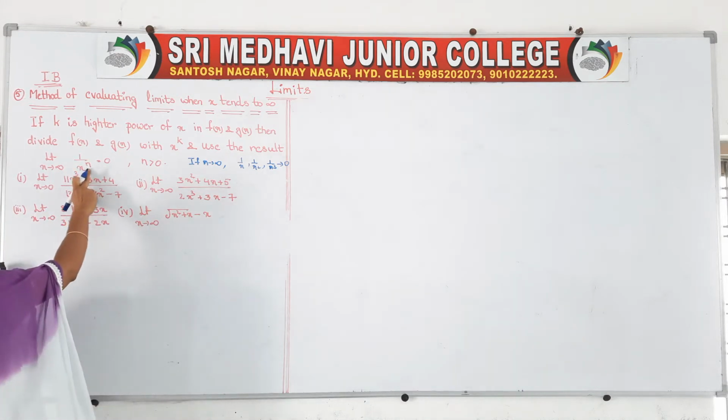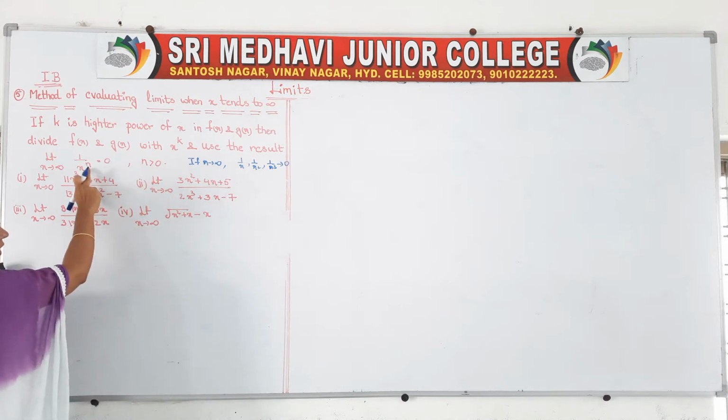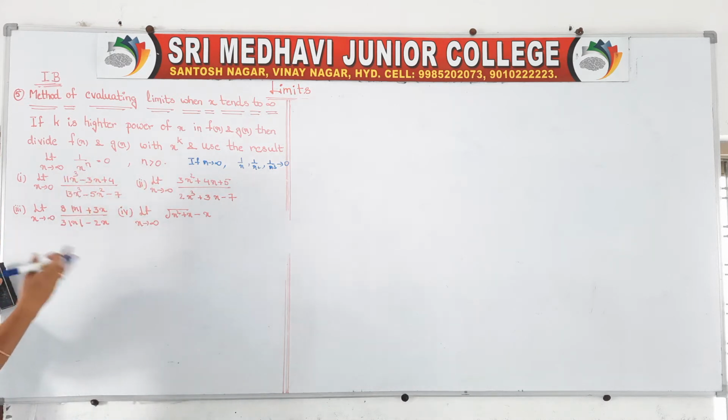That is the meaning here. n is greater than 0, which means in the n place you can take 1, 2, 3, 4, whatever it be, right. All those values will tend to 0. That is the procedure to solve these problems, limit x tends to infinity.